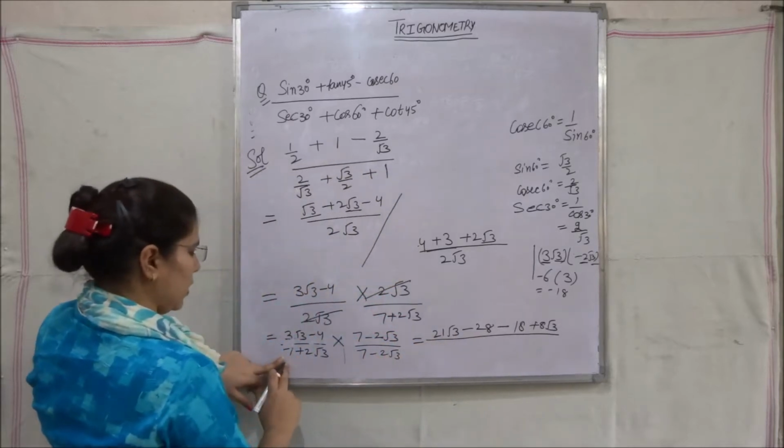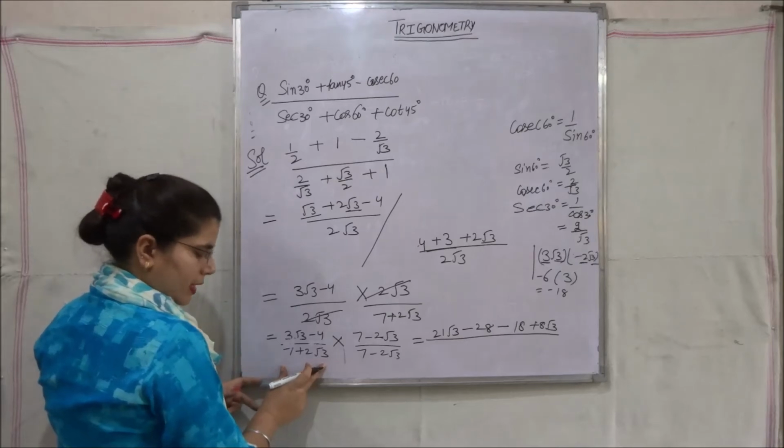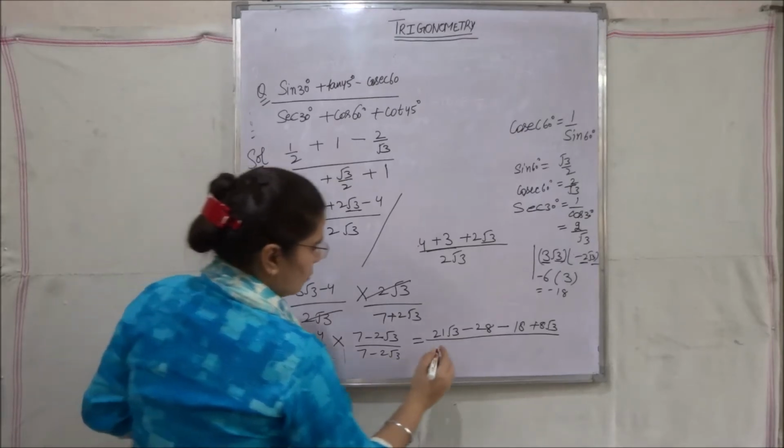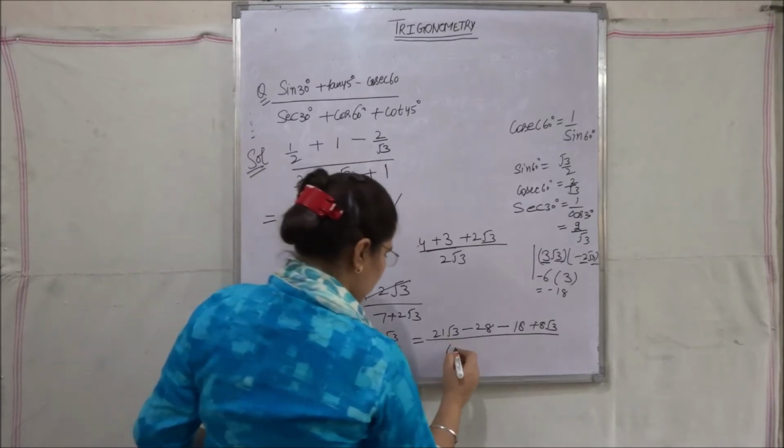Over a plus b into a minus b. This is an algebraic identity, so the formula of a plus b into a minus b is a square minus b square.